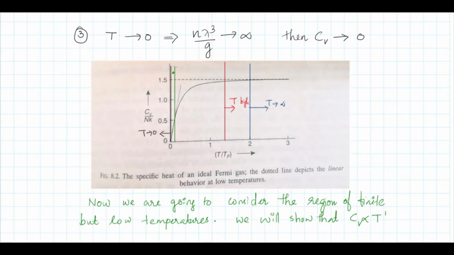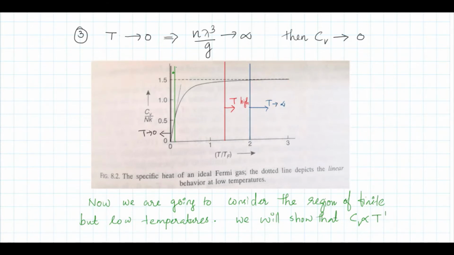We already discussed these three regions. The region right of this yellow line, that is T tends to infinity, Cv saturates to a value of 3 by 2 nk. This is actually Cv by nk, so 1.5 means Cv is 1.5 nk, that is 3 by 2 nk for T tends to infinity.